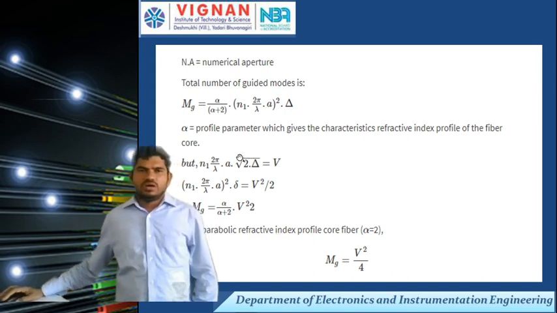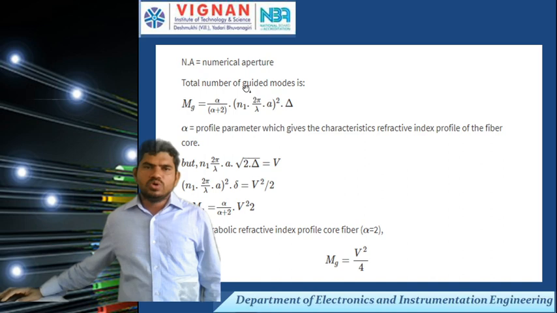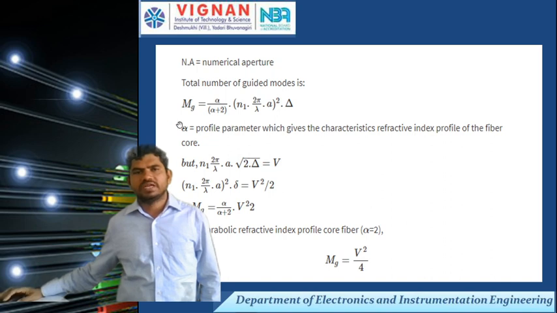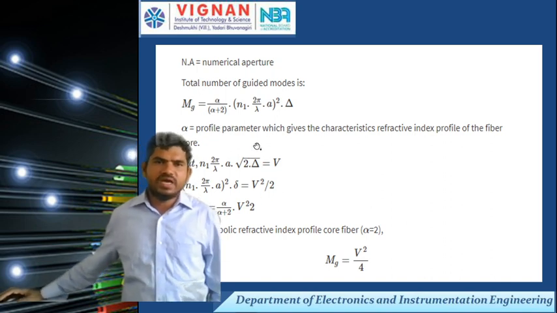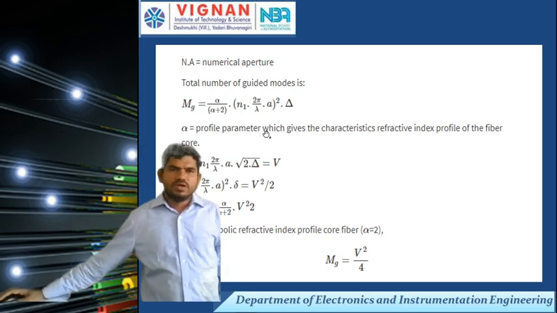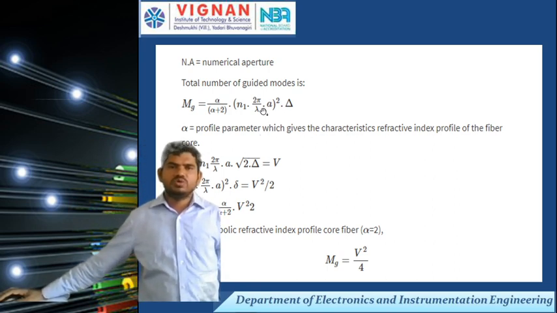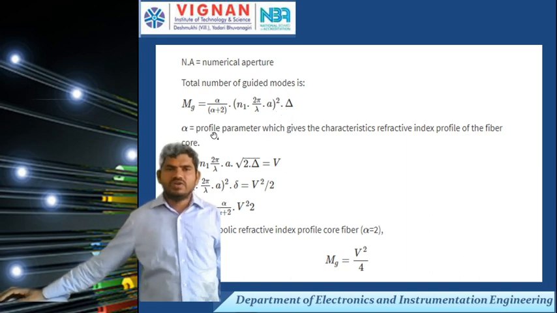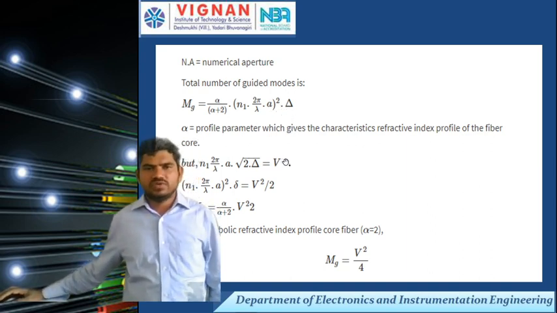Now the number of guided modes in graded index optical fibers, I am calculating by using this formula: Mg is equal to alpha by alpha plus 2 into (n1 into 2 pi by lambda into a) whole square into delta, where alpha is the profile parameter which gives the characteristic refractive index profile of the fiber.